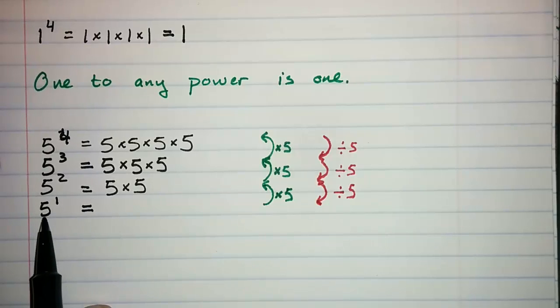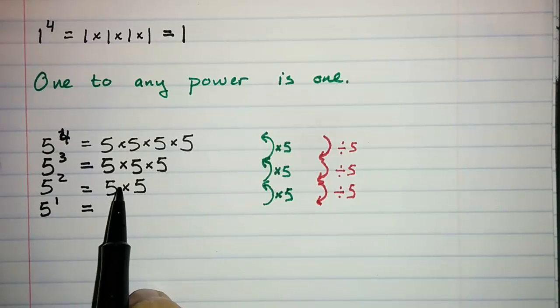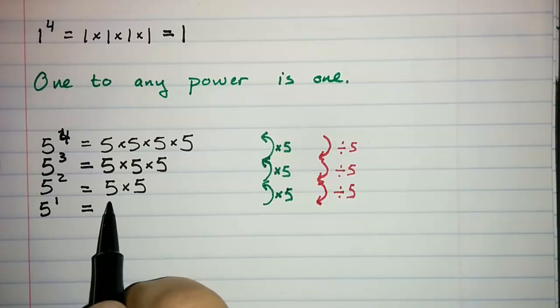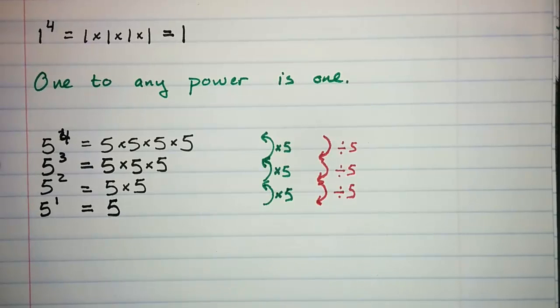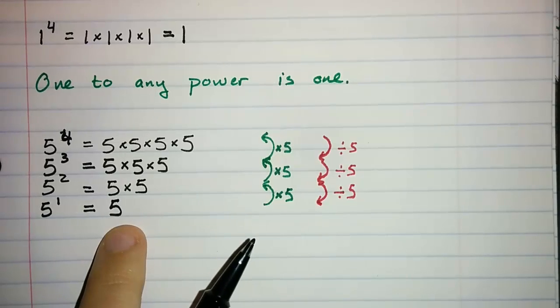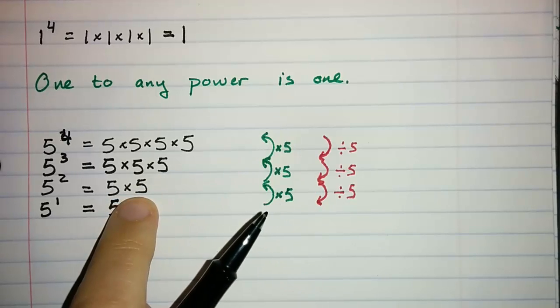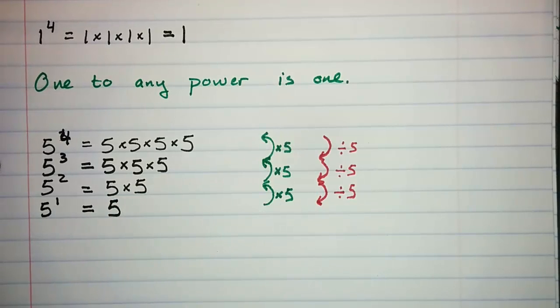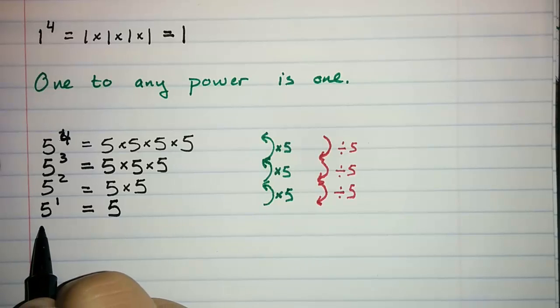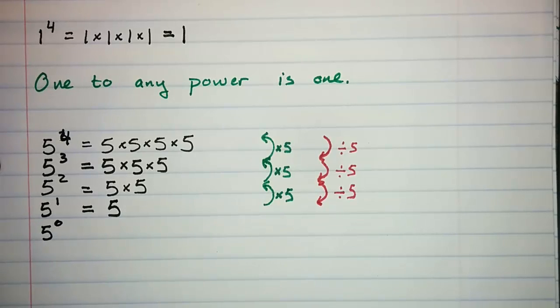Well, that means down here we want to have 1 less copy of 5 than we did up here. 5 to the 1st should be just 5. Okay, that's not that weird, right? 2 copies of 5, 1 copy of 5. That makes sense.